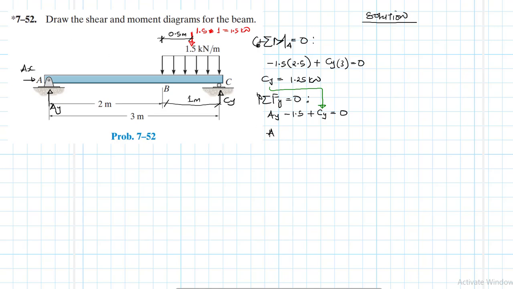Therefore Ay is equal to minus 1.5 plus 1.25, so our Ay is 0.25 kilonewtons. Then we have summation of forces in the x direction.